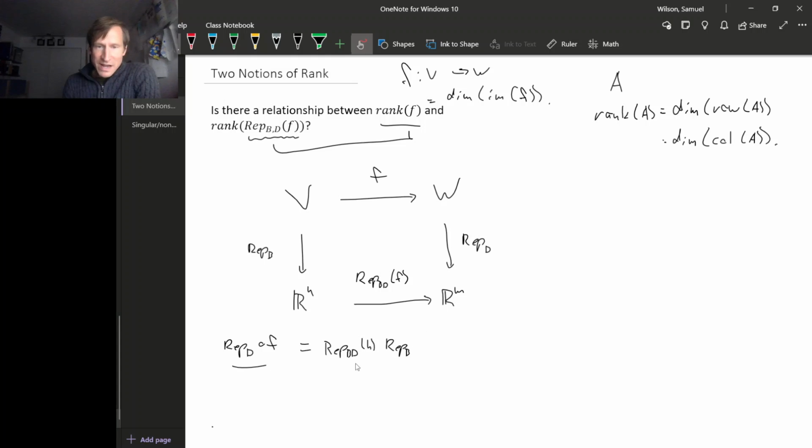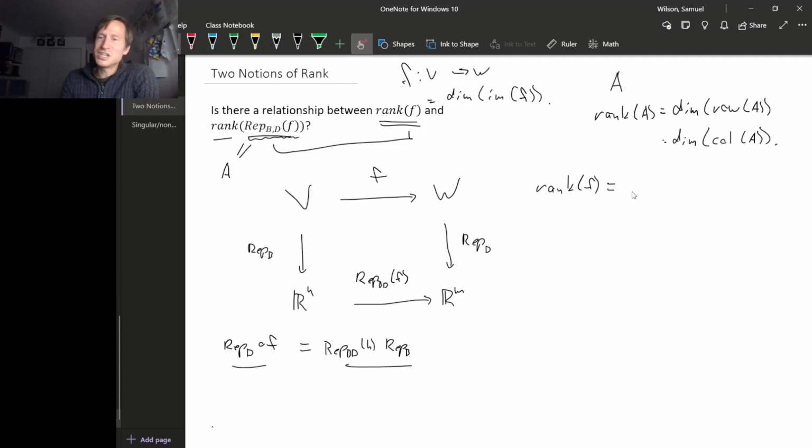So this is what we have to work with. And we're hoping to show that the rank of F is the same as the rank of this representation matrix. And just so I don't have to write this out, I'm going to call this representation matrix A, because I like to be lazy. So what is the rank of F?